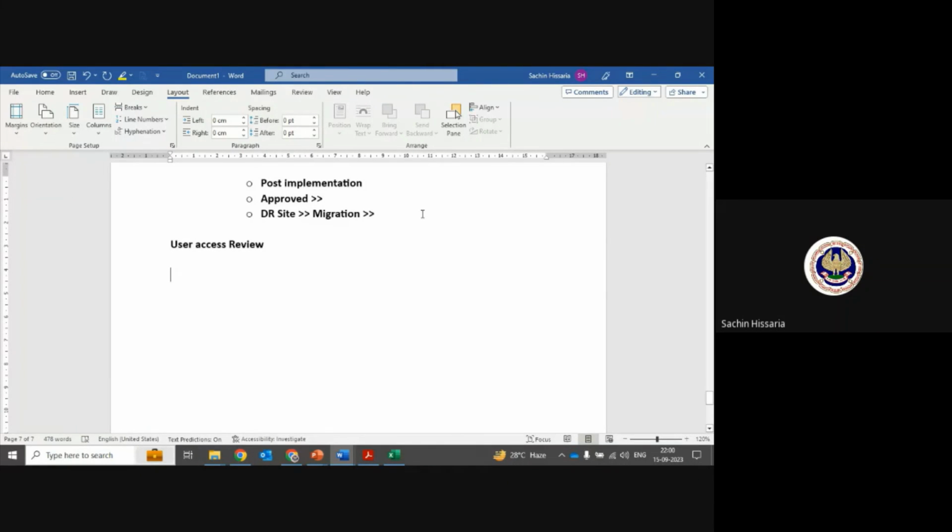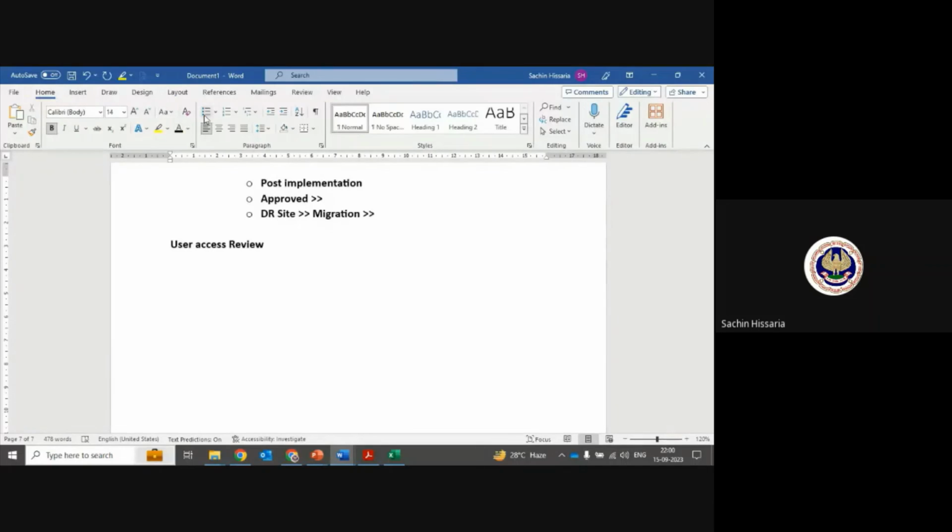There are two types of user access review. One is called user recertification, and another is called user access right review. In user recertification, we verify how many users are there in the application versus how many users are there in the HR master.